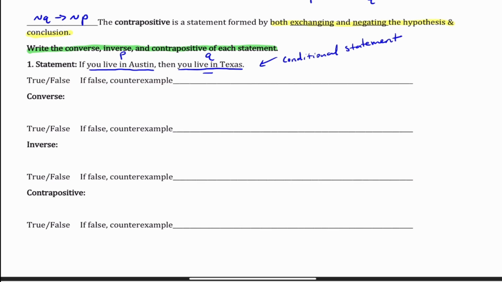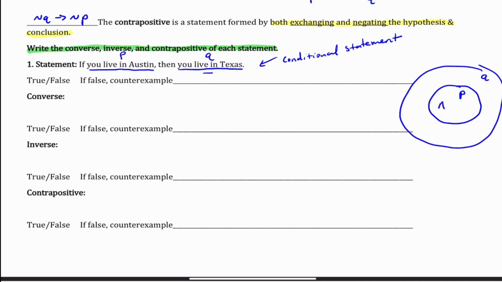Now recall in 3.1 we had a diagram where circle P was inside of circle Q. And we had Austin for P and Texas for Q. I like to think of this as a diagram where the bigger circle contains all the cities that we know and love, such as Austin, Dallas, San Antonio, El Paso, etc. So back to my question, if you live in Austin, does it imply that you live in Texas? Yes. So I will put true here.